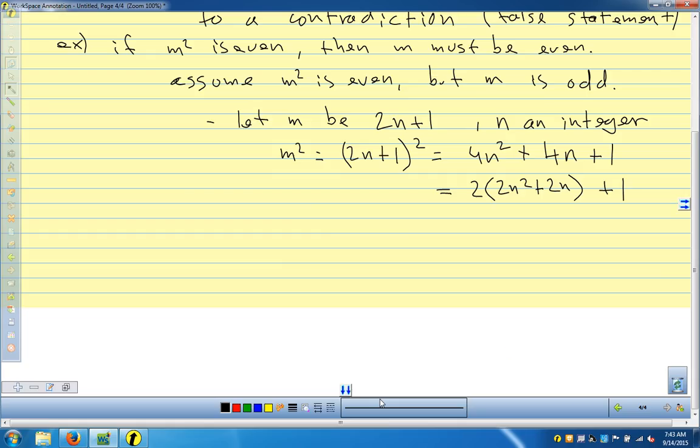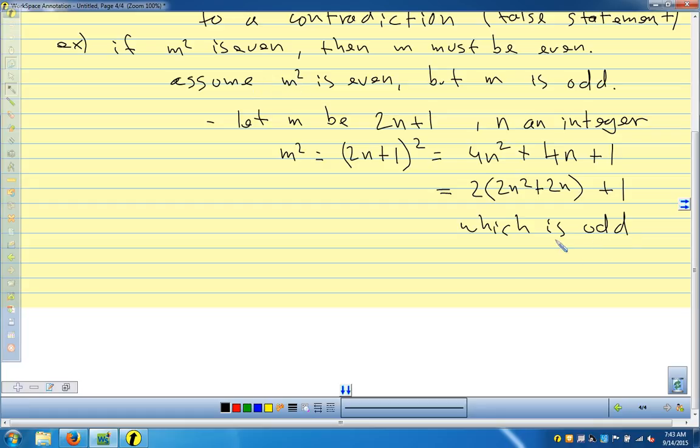Well, what is that? This is odd. 2n squared plus 2n is an integer. So I have 2 times an integer plus 1, which is odd, but we assumed what? We said that m squared is even, which is a contradiction.